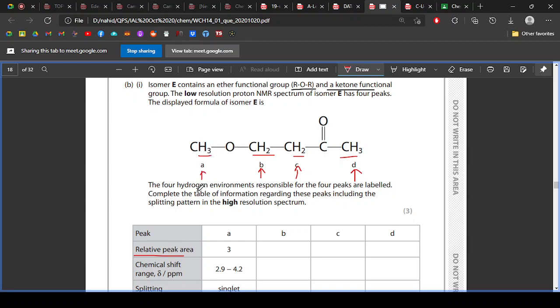For example, in environment A, how many hydrogens are there? 3. Can you see in the structure? Inside environment A, there are 3 hydrogens, which is why the relative area is 3. What about environment B? How many hydrogens are there inside environment B?